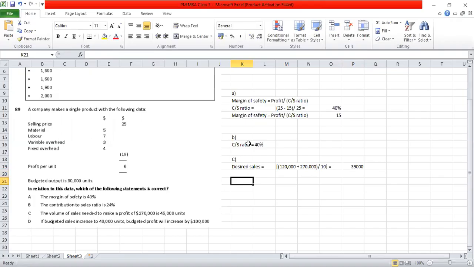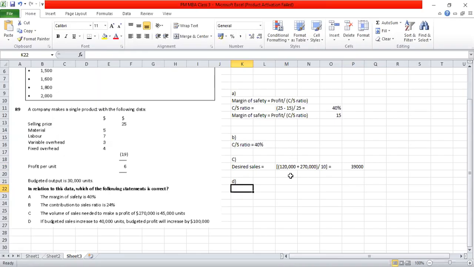So let's test D. The budgeted sales increase to 40,000 units. Budgeted profit will increase by 100,000. So here we just have to do the calculation.